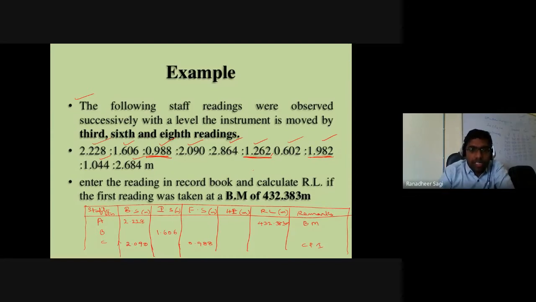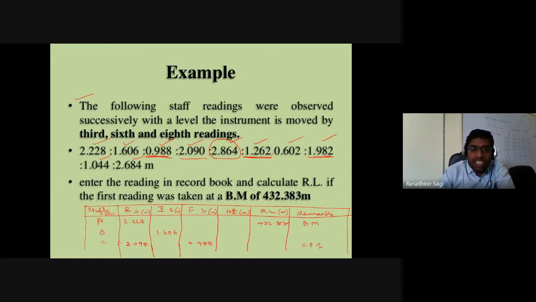The fourth data point is already represented in your record book, that is your table. Next, the fifth reading, that is 2.864. So this 2.864, where should I write it down? Under backside, intermediate side or foresight? I will not write it under backside because it's not the first reading after setting up your instrument at the new location. And 2.864 meters is not the last reading with regard to your instrument station at the new position.